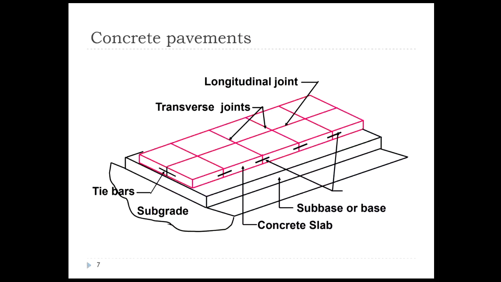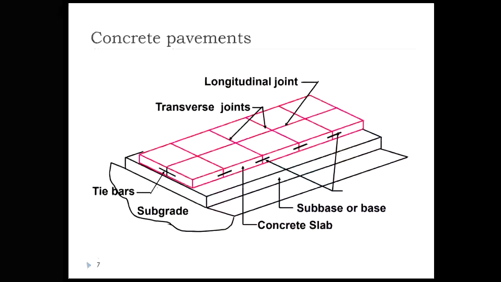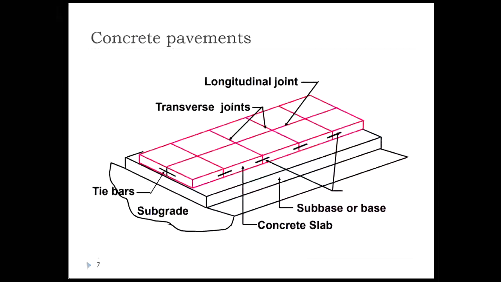We need to understand how load transfer occurs from one slab to another slab. So basically, there are two mechanisms here for load transfer across the transverse joints. We have what is referred to as dowel bars. So in transverse joints, we find dowel bars, and along the longitudinal joint, we find tie bars.